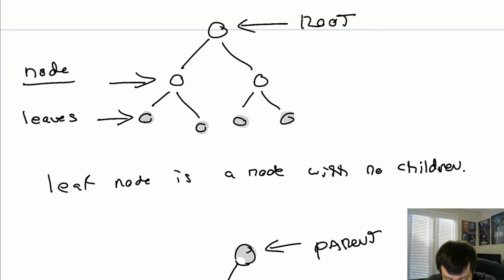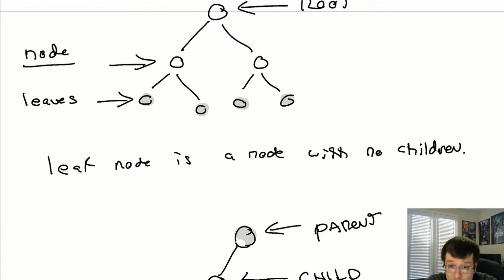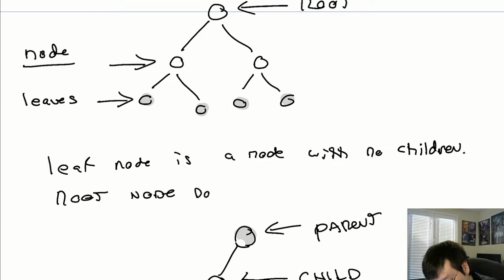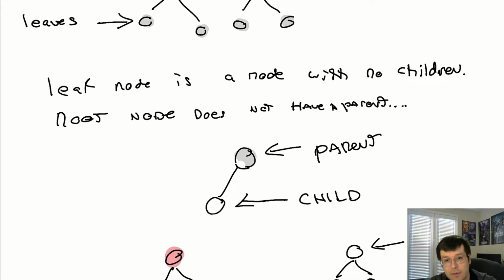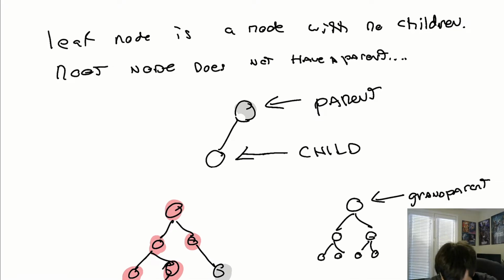So leaf nodes are going to be nodes with no children, and the root node does not have a parent. Okay, so the root node does not have a parent. It's that Anakin Skywalker. Okay.